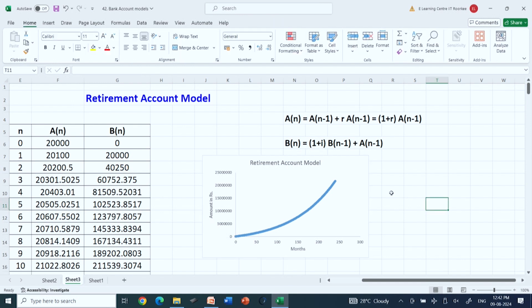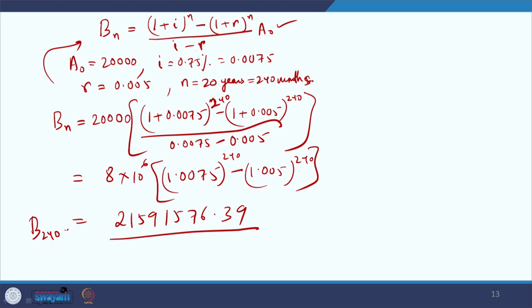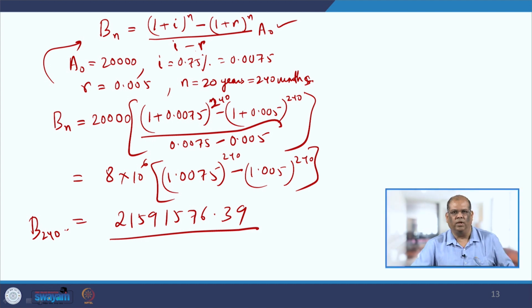If I want to see what is the amount after 240, I can just bring the cursor here, and as you can see it is written that 240 and the amount is 21591576.39, which matches exactly with the analytical solution, this 21591576.39. So, with this we come to the end of this lecture, where we have taken a few examples related to the bank and its accounts.